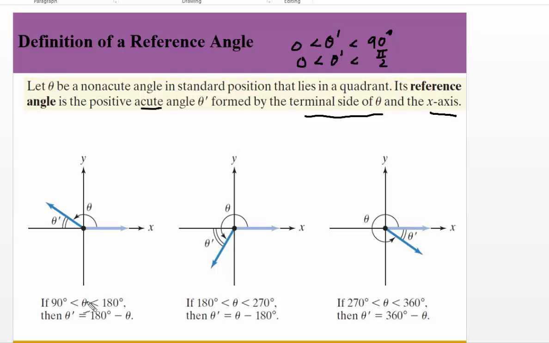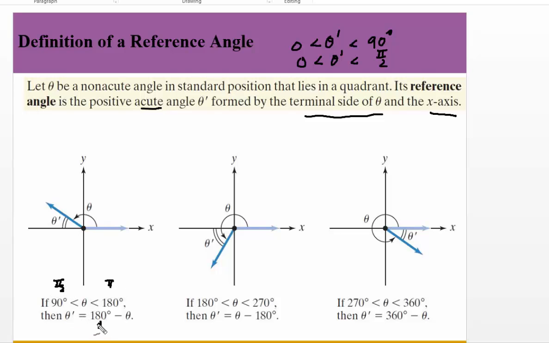If theta's an angle that's in the second quadrant between 90 and 180 degrees, then the reference angle would be 180 degrees minus theta. Okay, and you could also think radians there very easily as well. Did you want to do the radian ones? Why not? This would be pi over 2 to pi.